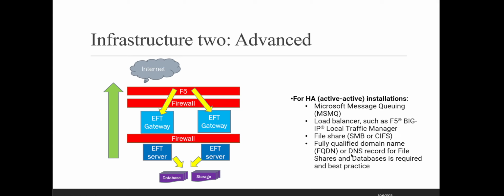And everything should be accessible through DNS and should have a fully qualified domain name. This is because if you do everything based on IP address, then it will only go one way. So you want everything to be redundant. If you do it based on DNS, then it doesn't matter if one server goes down.